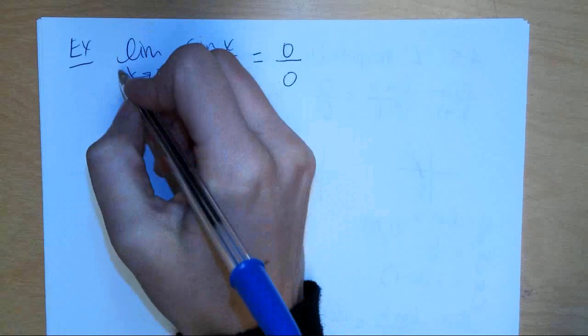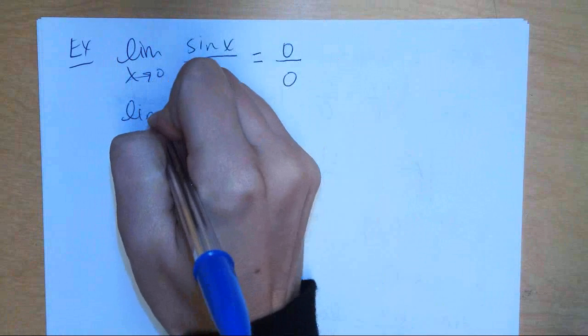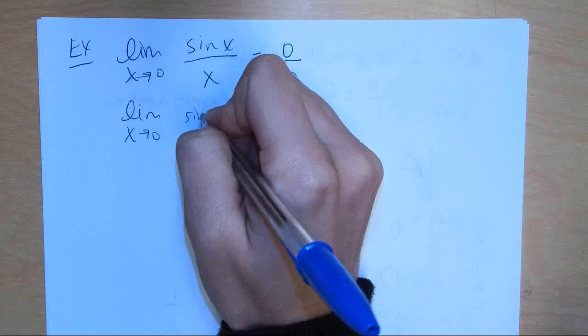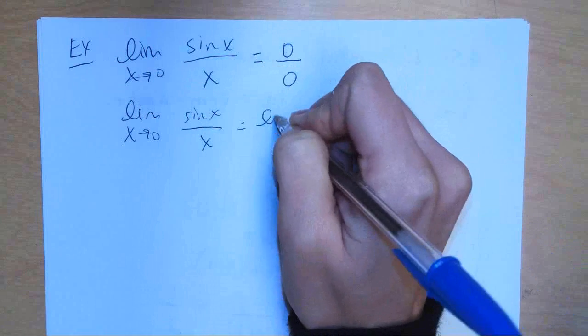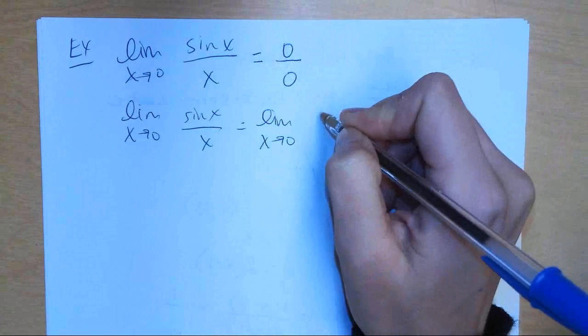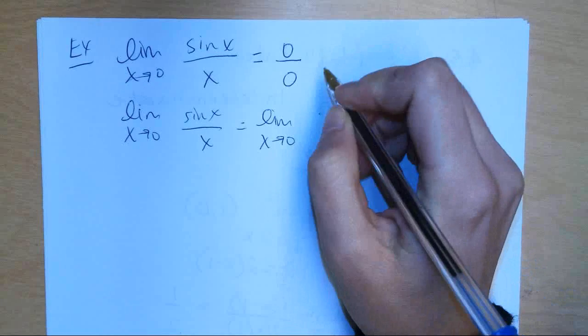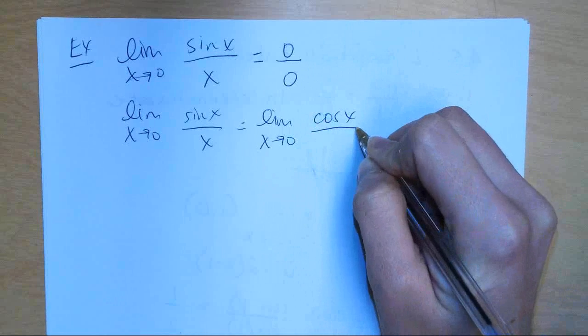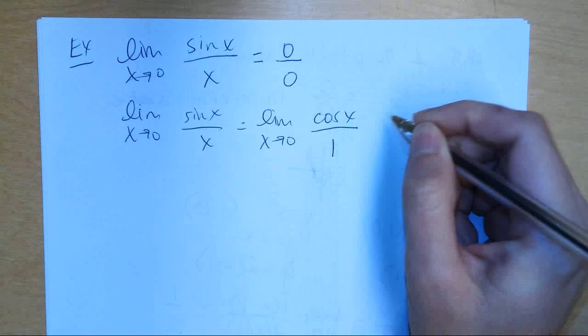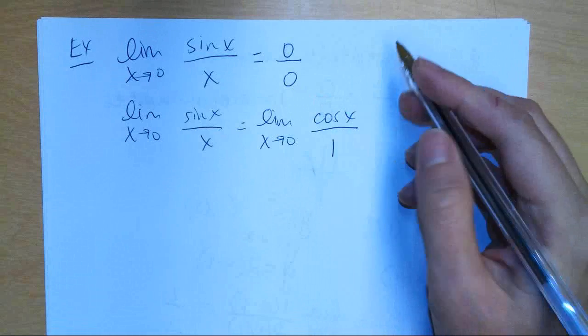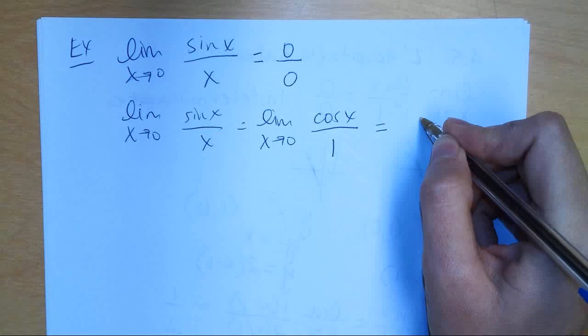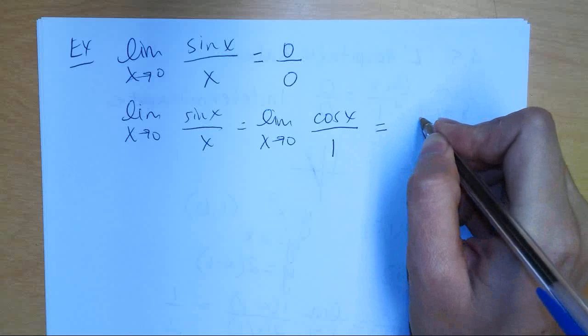So we have the limit as x approaches 0 of sine x over x is equal to the limit as x approaches 0 of, what's the derivative of sine x? Cosine x, over the derivative of x, 1. And what is this limit as x approaches 0? It's 1.